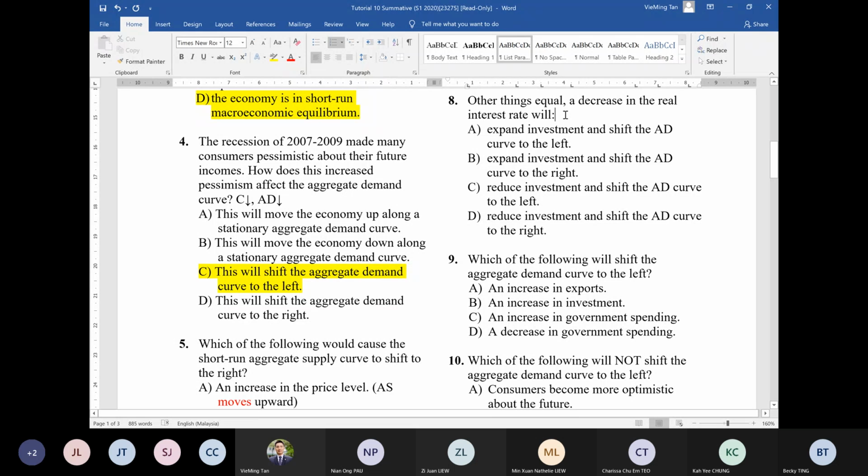If the interest rate is reducing, that means it's now cheaper to borrow money.